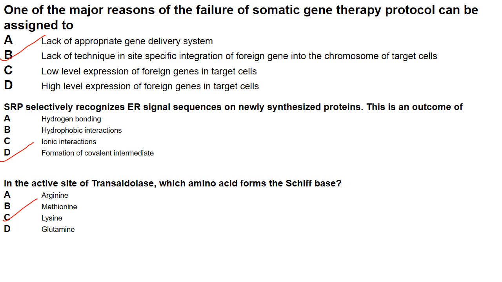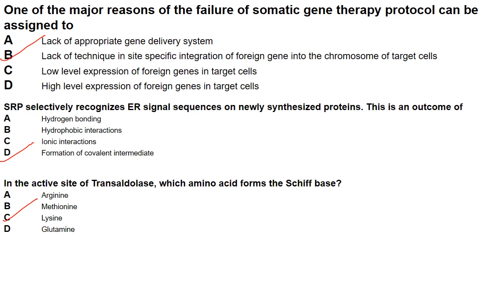Then SRP selectively recognizes endoplasmic reticulum signal sequences on newly synthesized proteins. This is an outcome of. So SRP is signal recognition particle, and when a signal recognition particle recognizes an endoplasmic reticulum signal sequence, it guides the ribosome and its growing polypeptide chain to the endoplasmic reticulum.